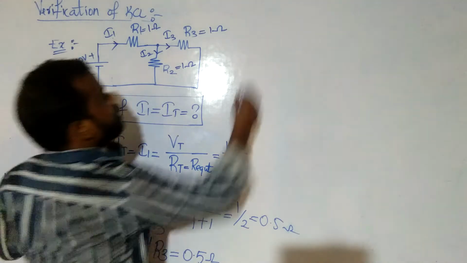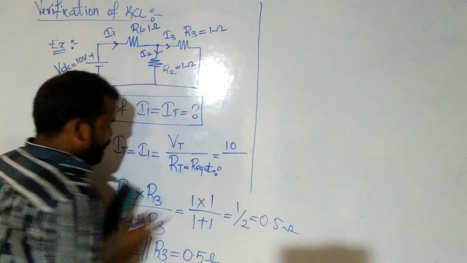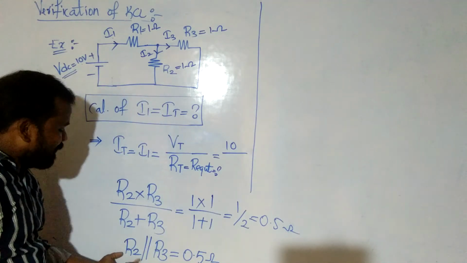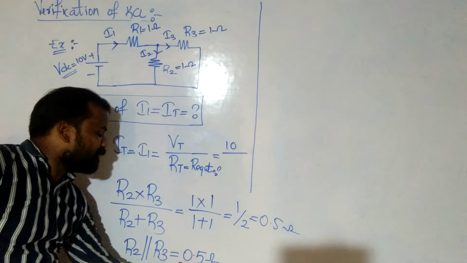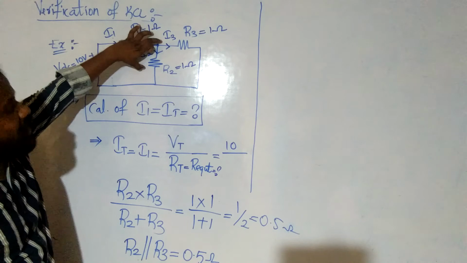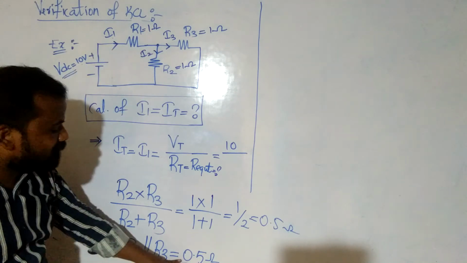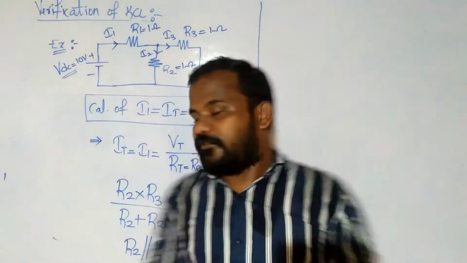Now see here, the value of the parallel combination of R2 and R3 is 0.5. Instead of these two, I am going to replace them with the value of 0.5 ohms.